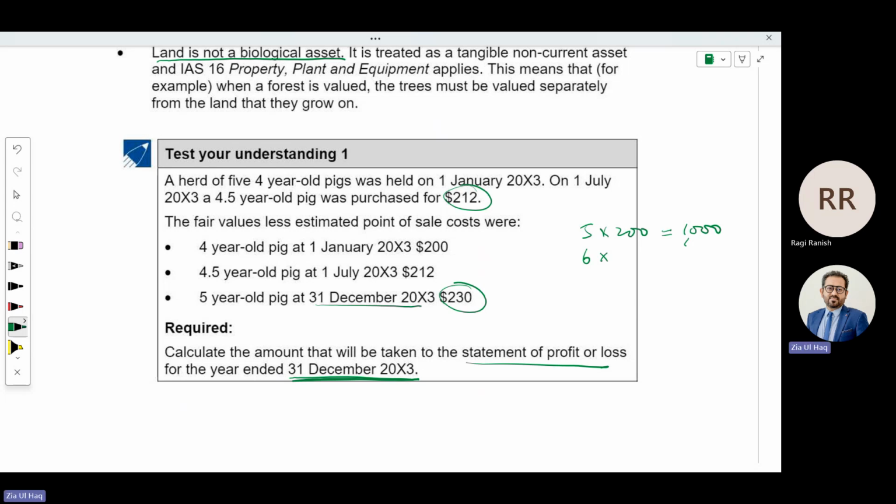And the 5 at the start of the year having life of 4 years, now at the end of the year are having 5-year life. So what's the value of 5-year? 230. 1,380. Is there any gain or loss of how much? 380.